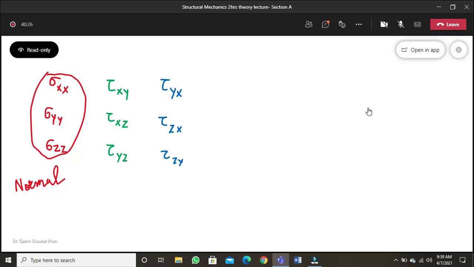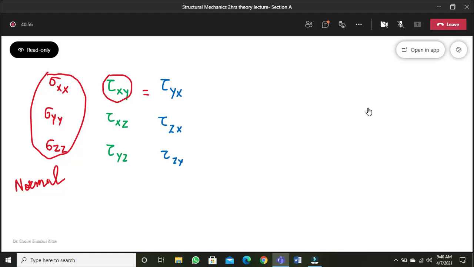Now, this tau yx is complementary to this tau xy. So if you can calculate the magnitude of tau xy, you can know the magnitude of tau yx, which is complementary to tau xy.